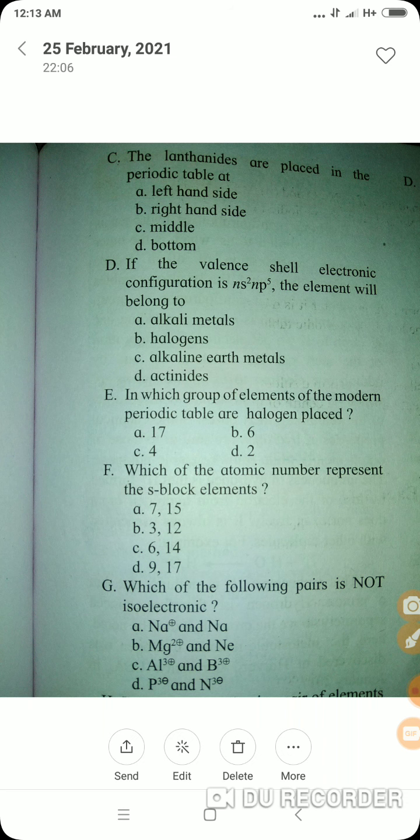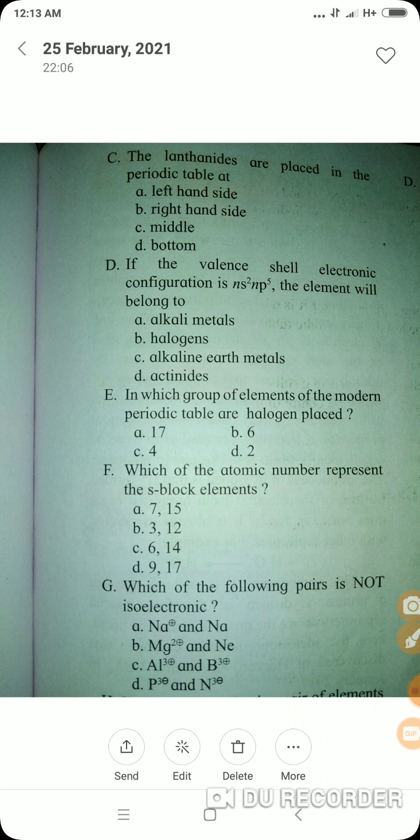Now next is F number MCQ. Which of the atomic numbers represent the s block? Here four options are given: 7 and 15, 3 and 12, 6 and 14, 9 and 17. In option A, 7 is the atomic number of nitrogen, and we know that nitrogen is placed in the p block.